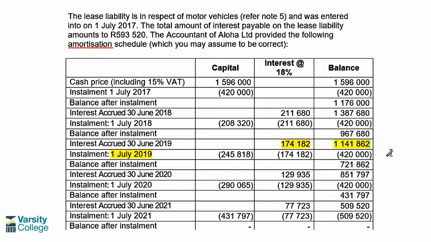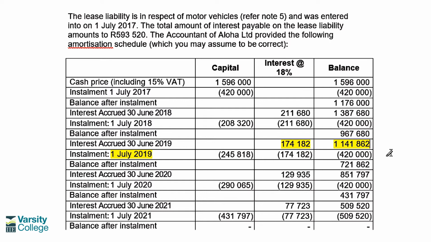The only thing you need to remember is that 114,1862 needs to be split between the portion that's payable next year, which is next year's installment, including the accrual of interest for the current year, and then the rest of it is non-current. So the easiest way to do your disclosure split is to just work out next year's figure. Balancing figure is then the non-current disclosure.